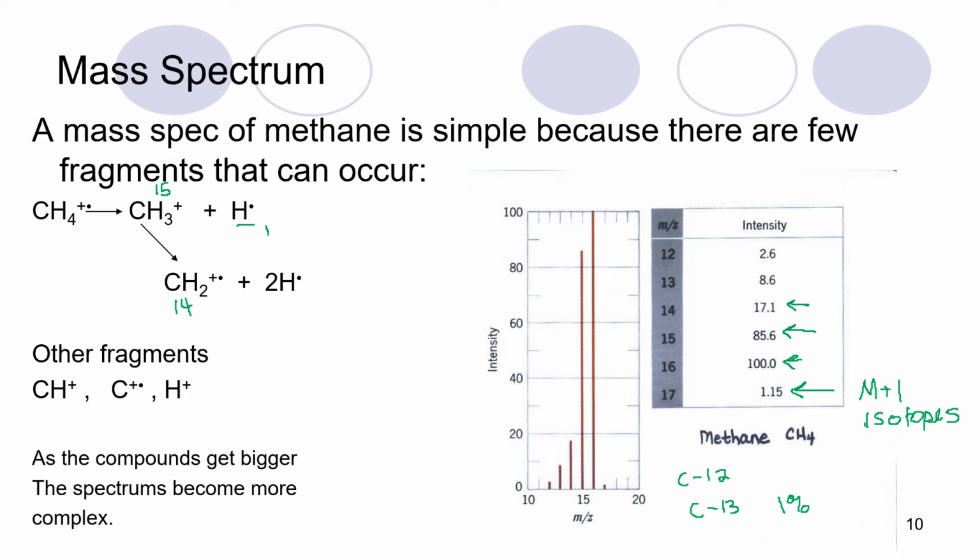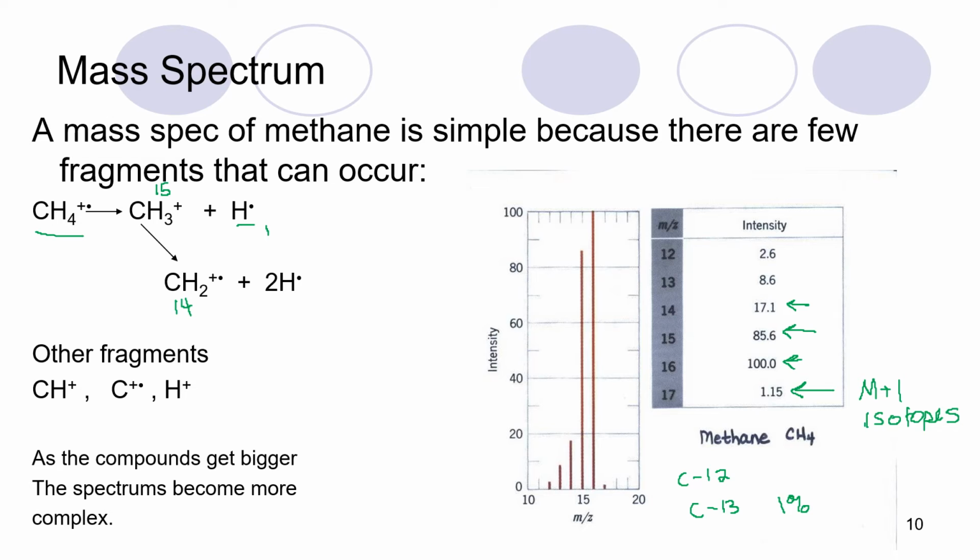Well, what's special about carbon 13? It weighs 13 AMU rather than 12 AMU. So it's going to have one more neutron in there and have a mass number that's one more. Well, if you had 100 molecules, one of them will weigh one more than all the others, the CH4 plus will weigh one more, because one out of every 100 molecules will have the carbon 13 rather than carbon 12.